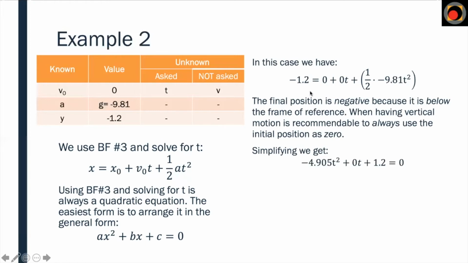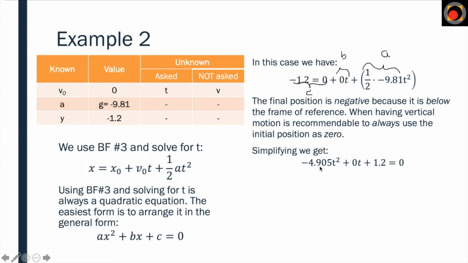Now, we can simplify this and rearrange it. How am I going to rearrange it? The quadratic term, which is everything that is multiplying here, should be the very first thing we have, because that's A. The thing that is not multiplying anything will be B, and then this, that is a common term, should be reduced into C. Now, if you multiply 1/2 times minus 9.81, you'll get minus 4.905.